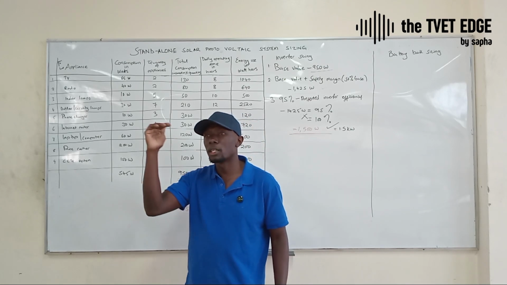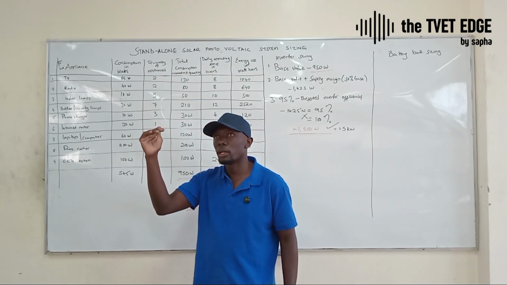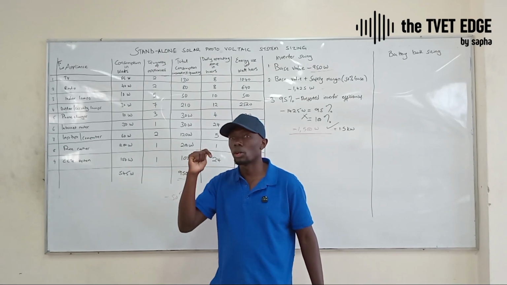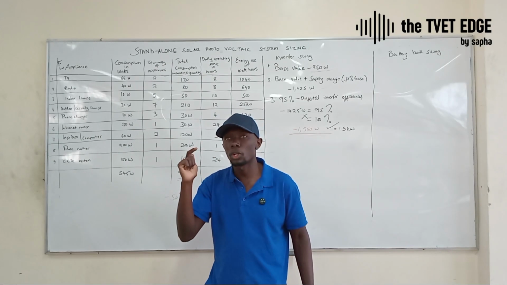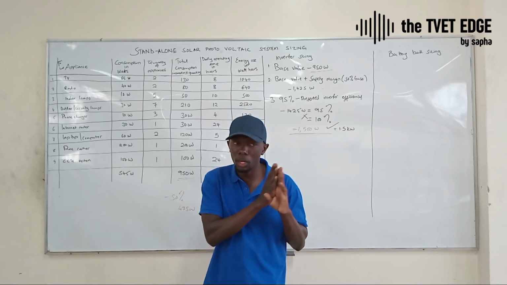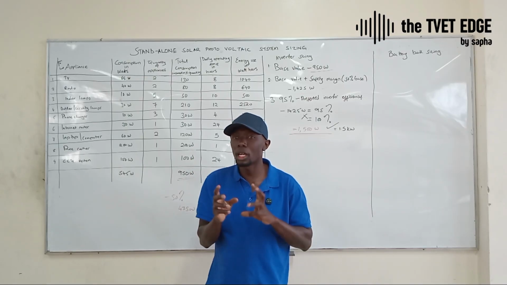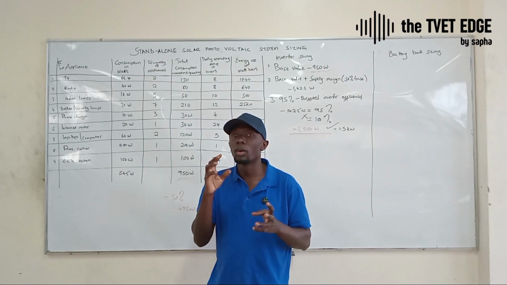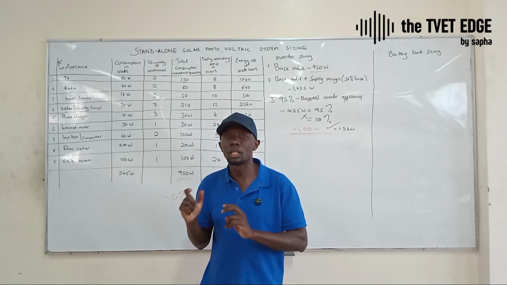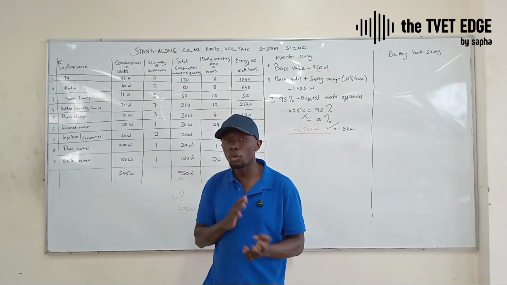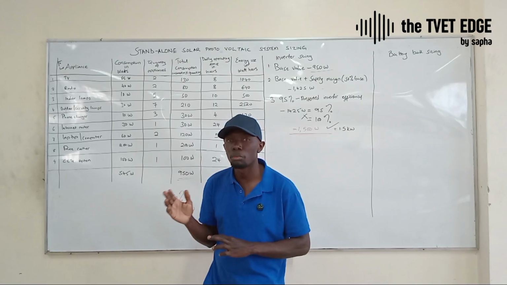When we start looking at level 6, those who will advance and study solar installation independently, we shall see how to calculate system sizing based on individual components, how they behave, and how to size a system based on that.